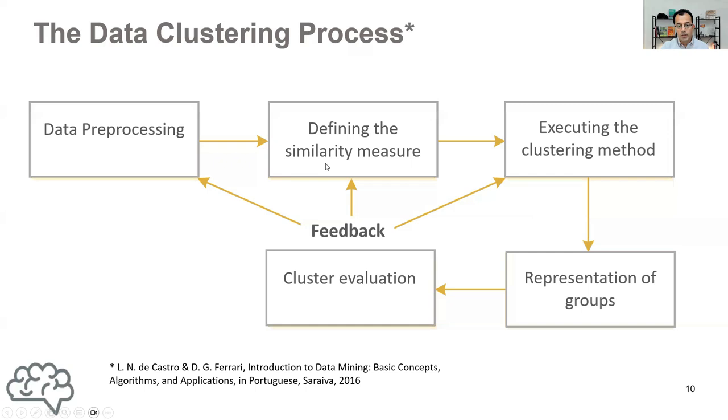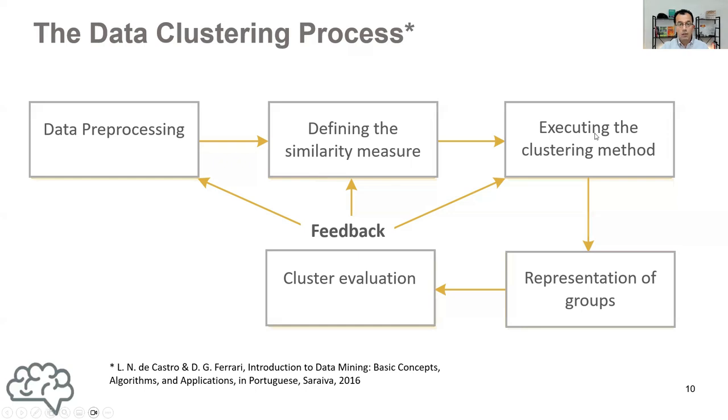And to search for these similarities, we will need a similarity or a dissimilarity measure, because if I calculate the similarity, I can estimate the dissimilarity, and vice versa. If I calculate the distance between objects, I can estimate the similarity as, for example, the inverse of the distance. The smaller the distance, the higher the similarity between a pair of objects. So this is a very important step in cluster analysis.